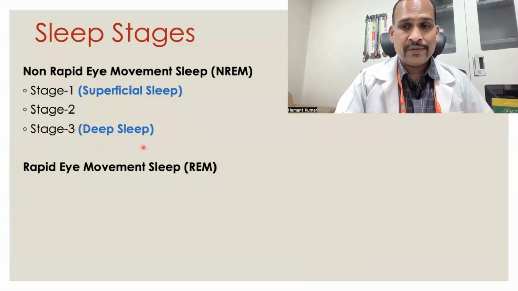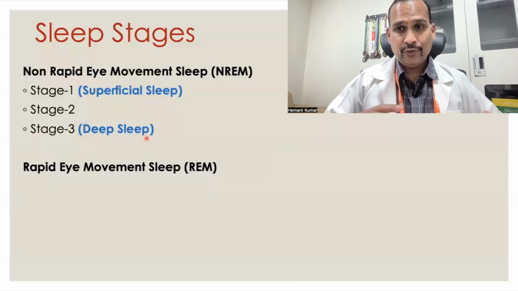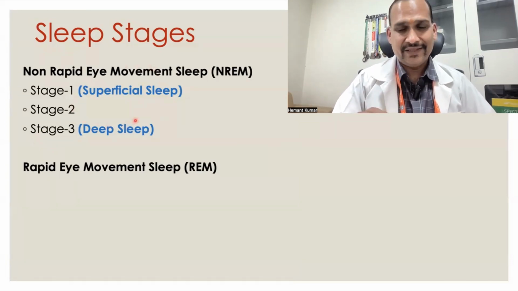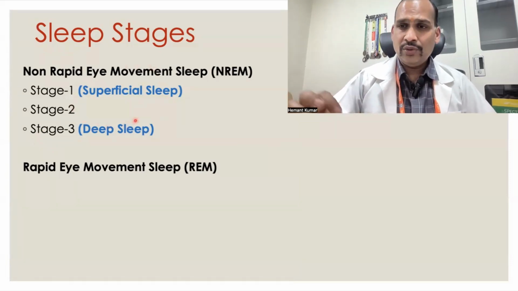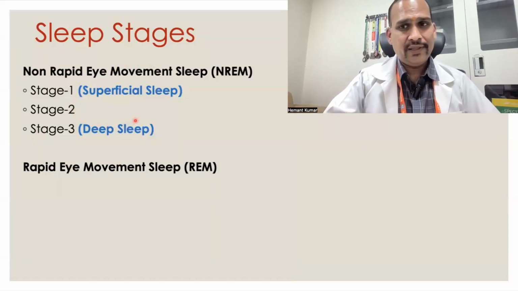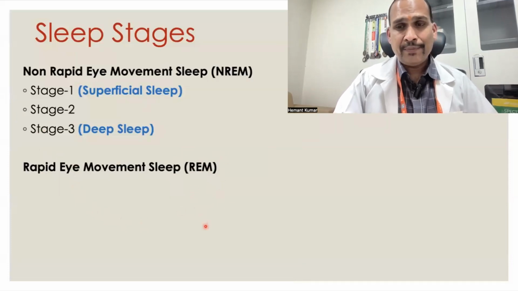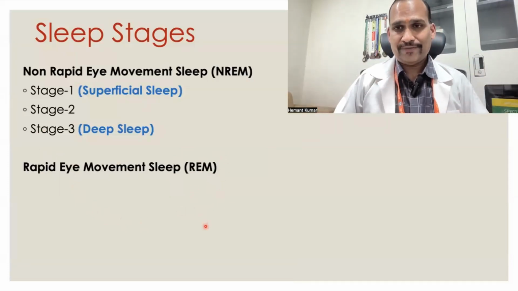Deep sleep means very deep sleep. If you call a person, he will not get up. In Hindi, 'ghode bech ke sona', that is deep sleep. Superficial sleep is 'kachchi neend'. Whenever you make some noise, that person will get up. Rapid eye movement sleep is a part of deep sleep, but the muscle tone is lost.